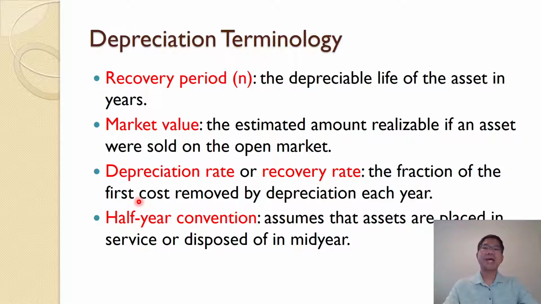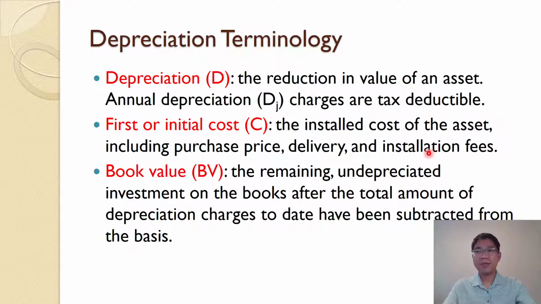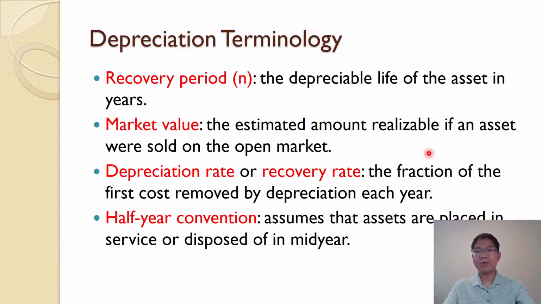Market value: the estimated amount realizable if the asset were sold on an open market. So if you buy a car, you want to check what the value of the car is. You go to Kelley Blue Book, and that is the blue book, something different from the book value we discussed earlier. But the market value is the amount that you really spend to buy a car, things like that.